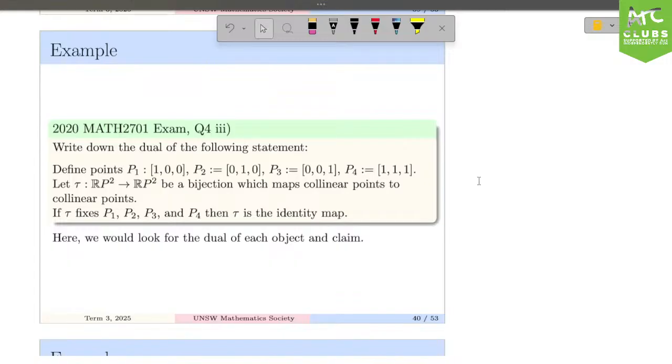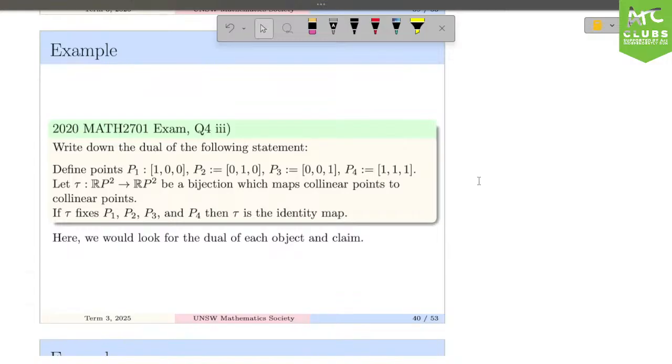So that is an ordinary point since x0 is 1, and its dual is therefore the line defined by x, well, we have 1 times x0 plus 0 times x1 plus 0 times x2 is 0. That's just x0 equals 0, which is the ideal line.